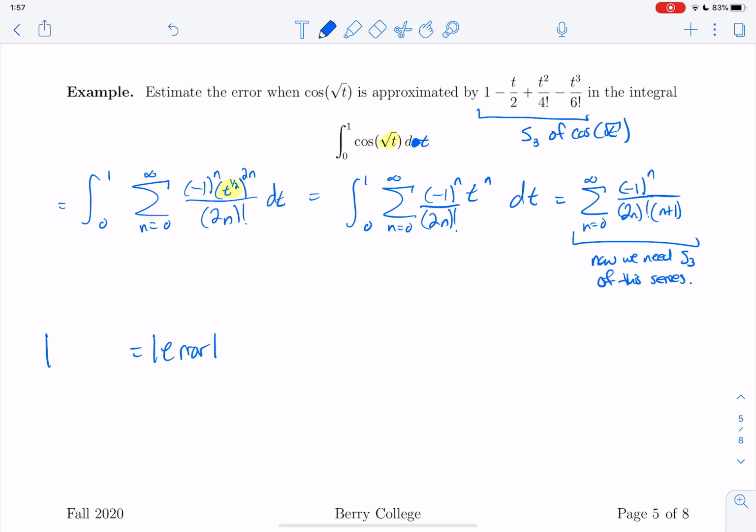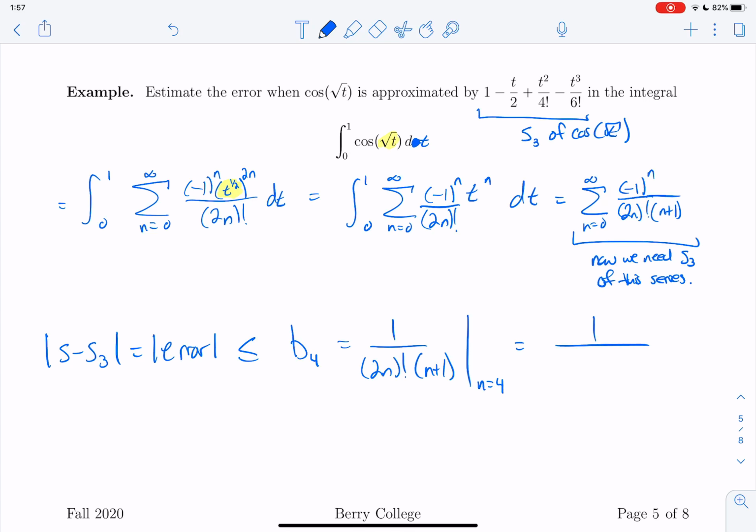So this is going to be the absolute value of S minus S3, which is less than or equal to b sub 4, where b sub 4 is the non-alternating component of this resulting integral series. That's 1 over 2n factorial times n plus 1 evaluated at n equals 4, which should give me 1 over 8 factorial times 5. And so the question is, what is the error? The error is only about that big.